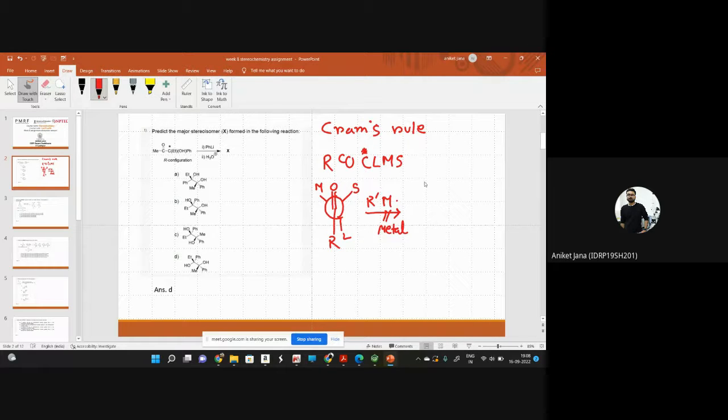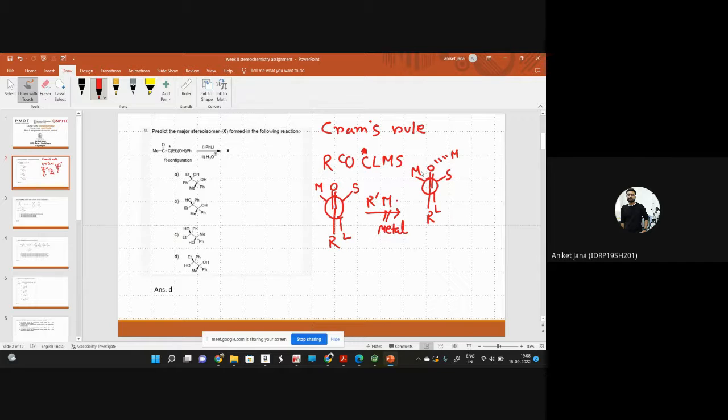There are two possibilities of attack in this molecule. This M is the metal, and this is the medium group on the carbon.